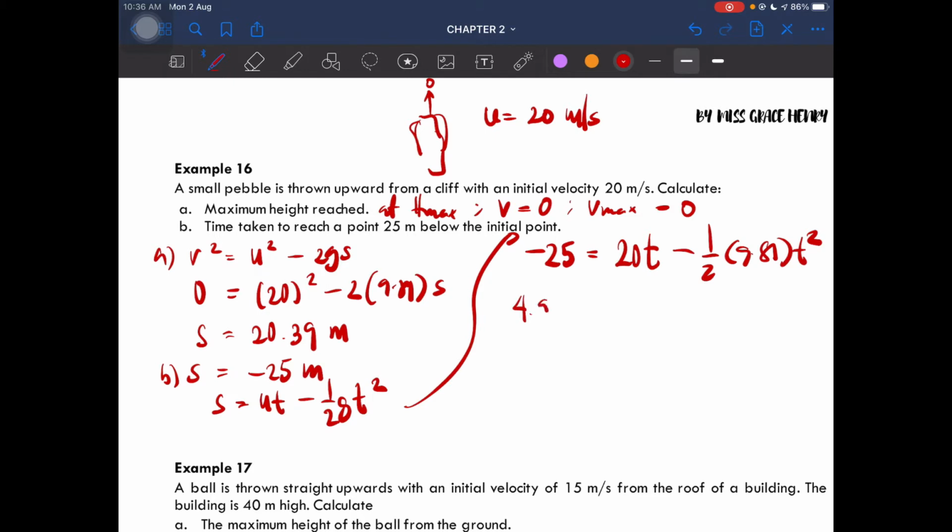Then you'll reach a quadratic equation. Plug this into your calculator and then just take the positive value. You'll get the time to be 5.1 seconds. Okay, so if there are two answers, positive and negative, we are only taking the positive for time. Right, so that is example 16.